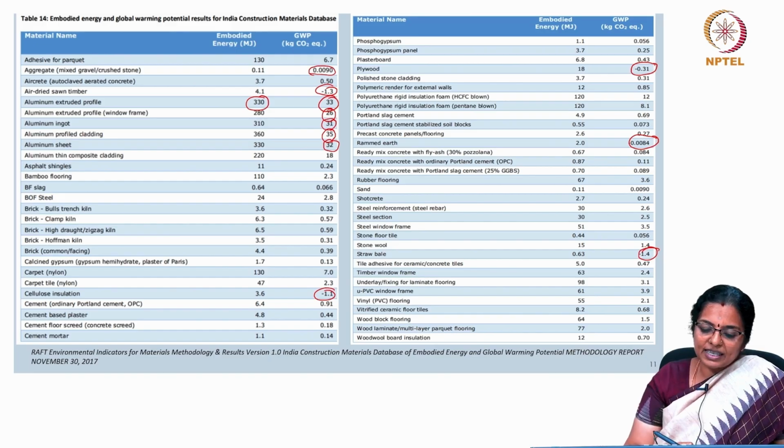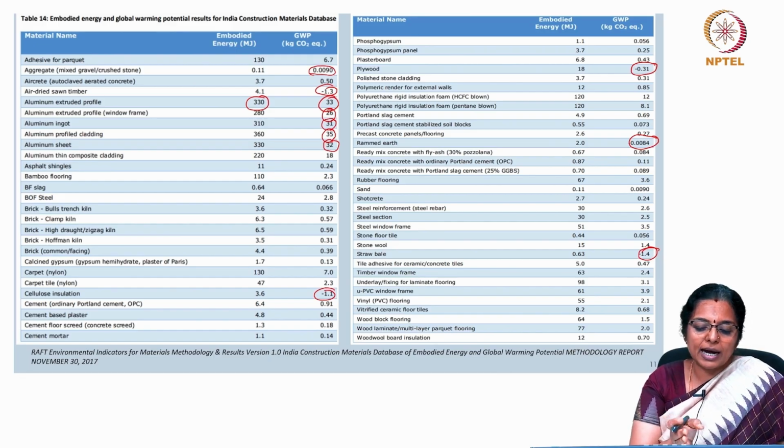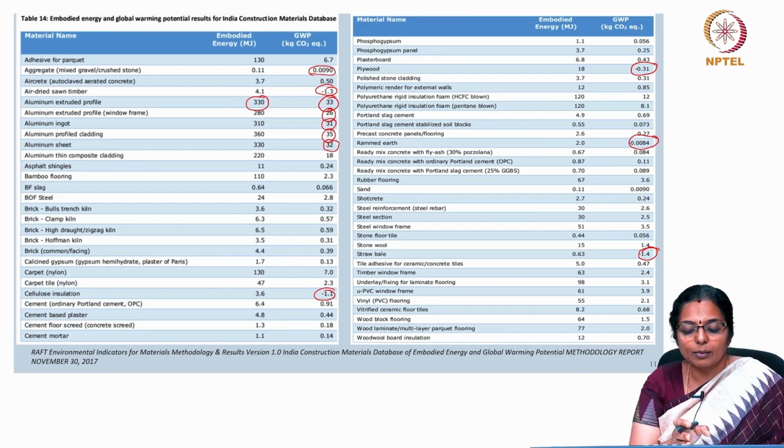So, you can see that embodied energy and GWP is more or less correlated. More the embodied energy, more is the GWP, and less is the embodied energy, less is the global warming potential.